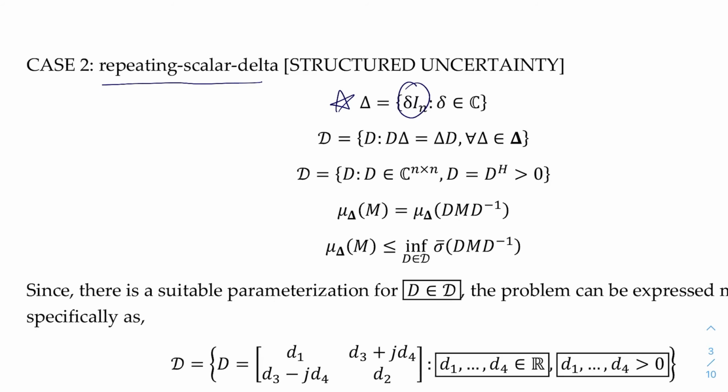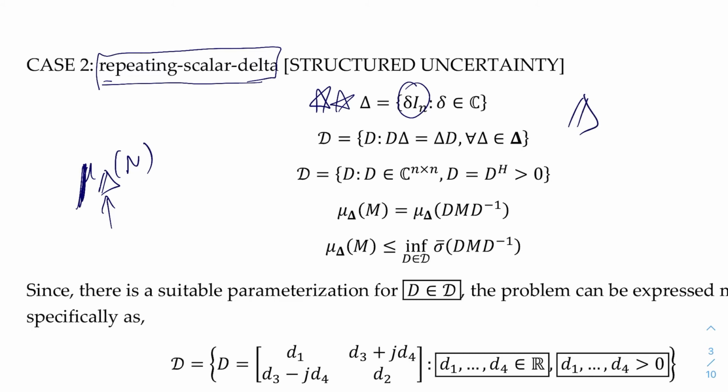That's not 100% correct, because we are only interested in this N and a given structured uncertainty. Okay, and the structure is this, just a repeated scalar delta. And for every delta we have a corresponding D set, right? And such that this given condition holds, right?